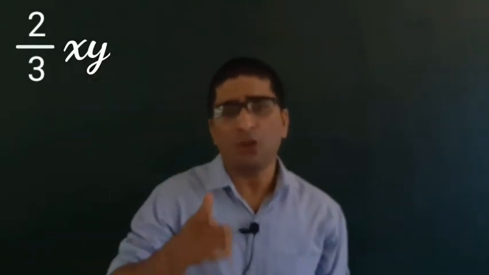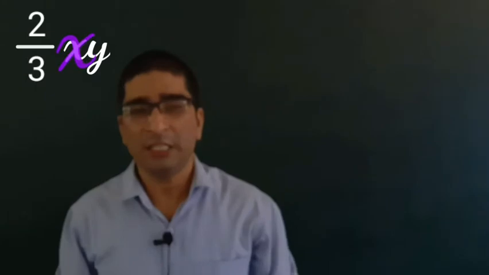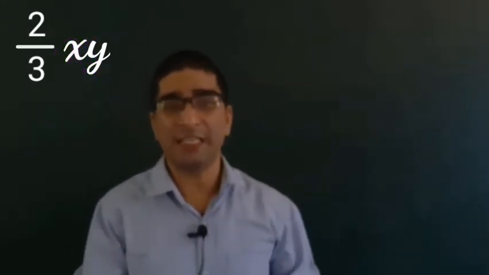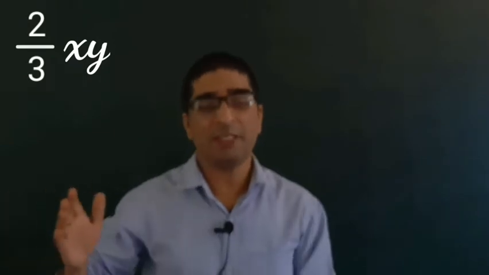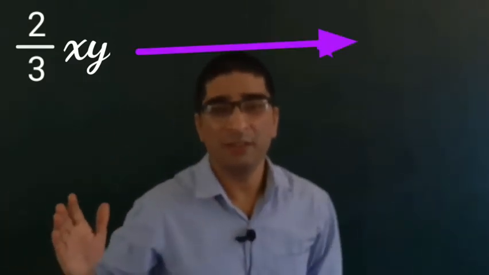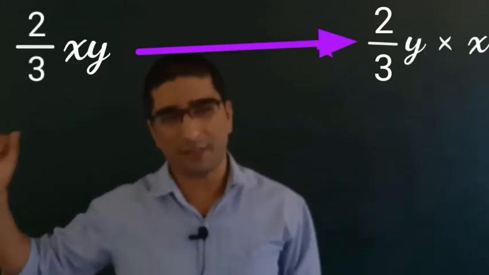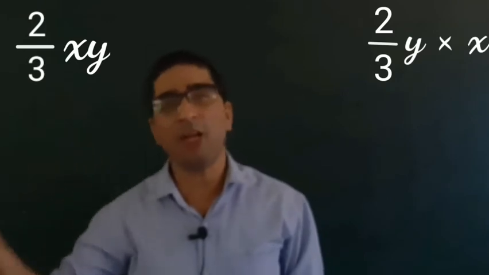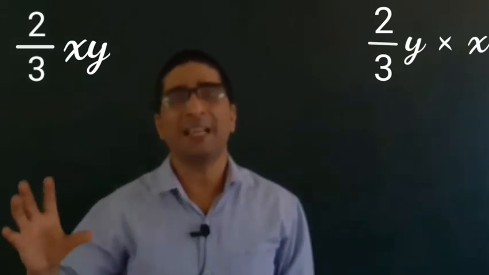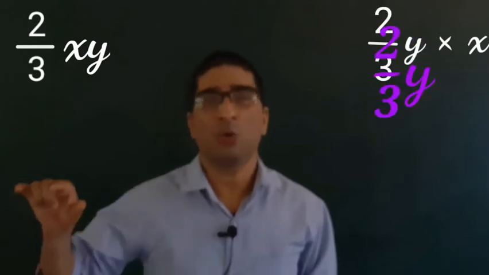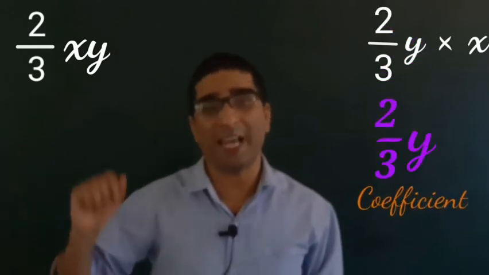But if only x is the variable, then all the rest of the terms which are multiplied with x form the coefficient. That means the expression will be 2 by 3 y into x. So, now all the remaining part which is multiplied with x is a coefficient. In this case 2 by 3 y is the coefficient of x.